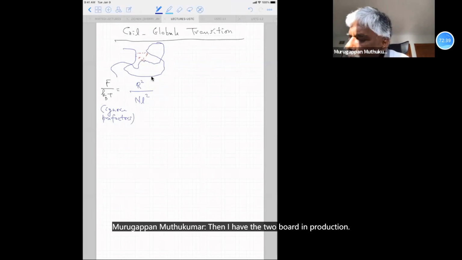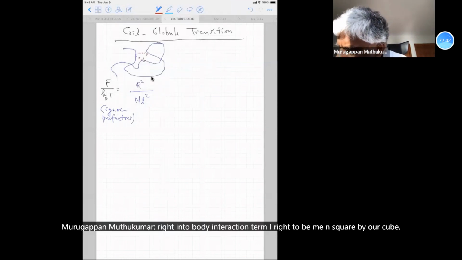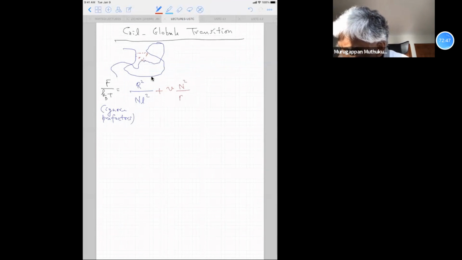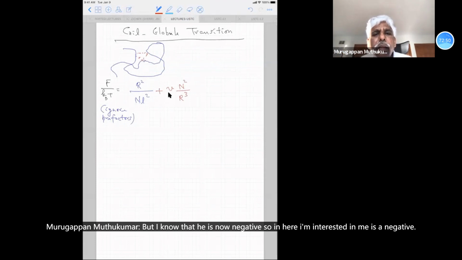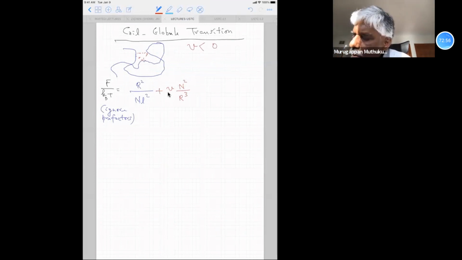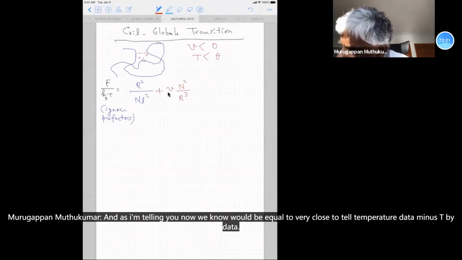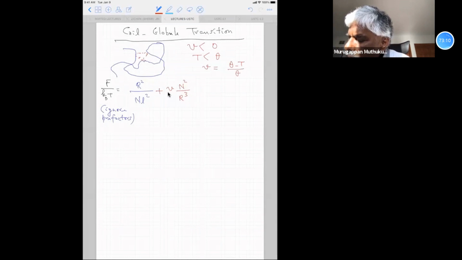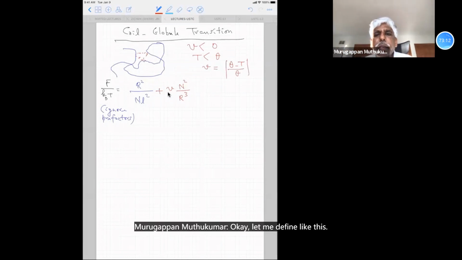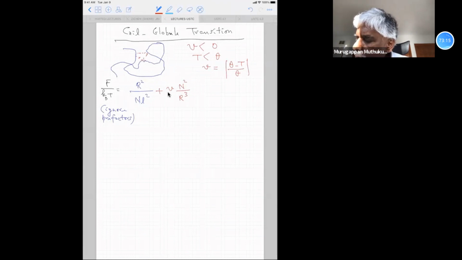Then I have the two-body interaction term. The two-body interaction term I would write to be V n squared by R cubed. But I know that V is now negative. So in here, I'm interested in V being negative. That means T is less than the theta temperature. And V would be, very close to the theta temperature, proportional to theta minus T, divided by theta. Let me define it like this.